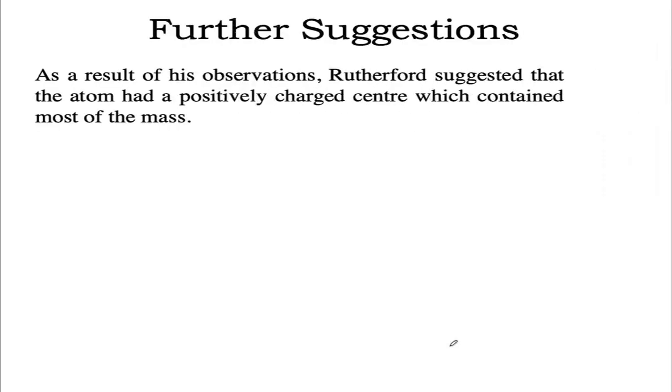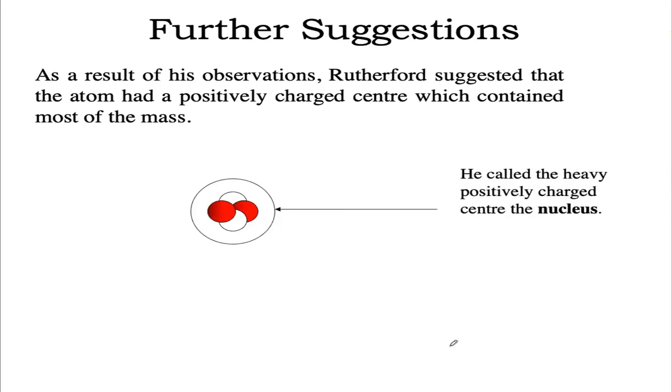So he suggested some points from this discovery. He suggested that the atom had a positively charged center which contains most of the mass. So there is some sort of body which is positively charged, present within the center of the atom, and he gave this positively charged body the name nucleus.